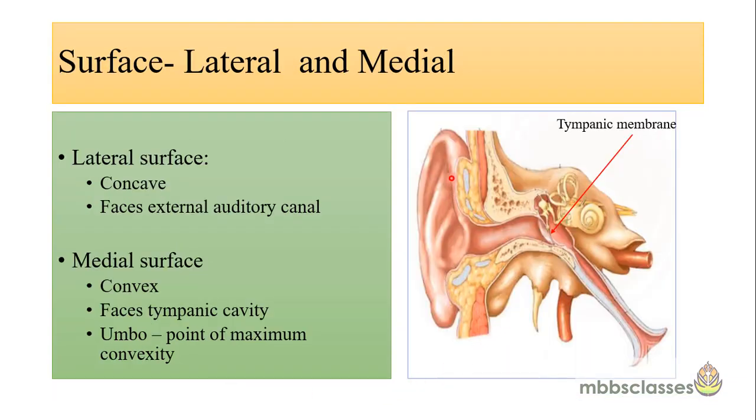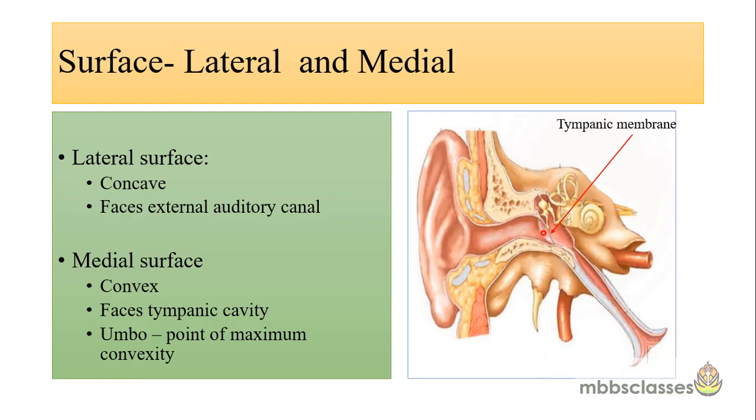So this is a picture showing the position of the tympanic membrane. As you can see in this diagram, it is a partition wall between the external auditory canal and the middle ear cavity. And you can see that it is not vertically placed, it is placed a little bit obliquely. It has two surfaces. This is the lateral surface, which faces the external auditory canal, and the medial surface faces the middle ear cavity.